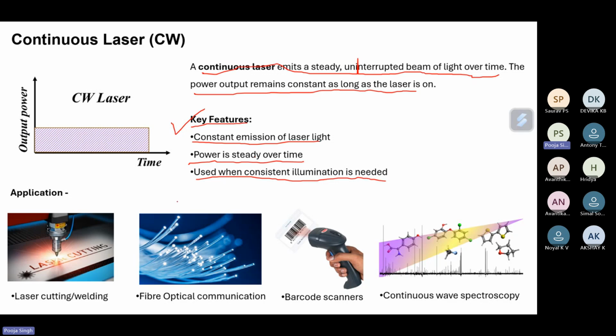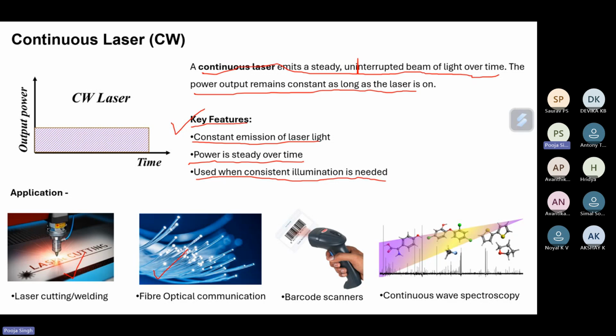So what is the application? It is the most typical kind of laser people are using. In cutting and welding we use it because it has continuous emission of light, and also in fiber optical communication.